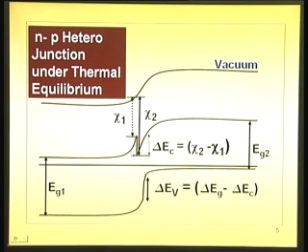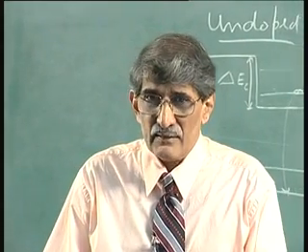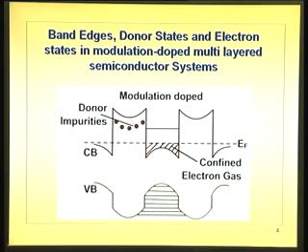When you have a multi-layer structure, just let me go back once. The same thing holds good. You can see there is a notch here, and from this side also there is a notch. So the confinement takes over the entire layer, whereas here the confinement is only here, because this is a thick layer compared to this.